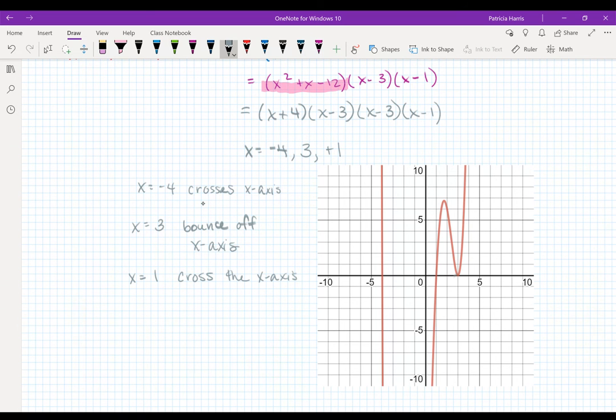Okay, so notice that the negative 4 has a multiplicity of 1. The x equals 3 has a multiplicity of 2 because it appears twice. And x equals 1 has a multiplicity of 1.